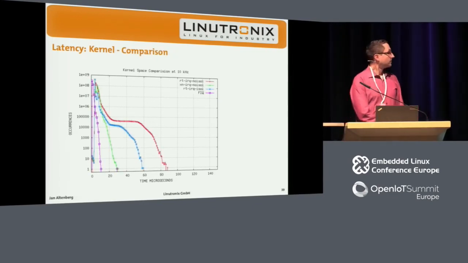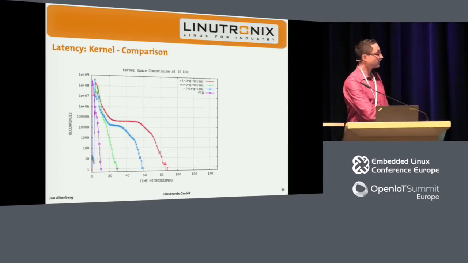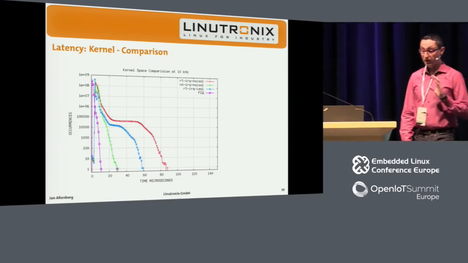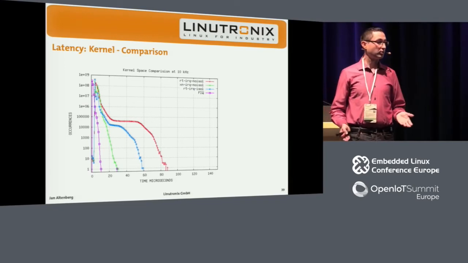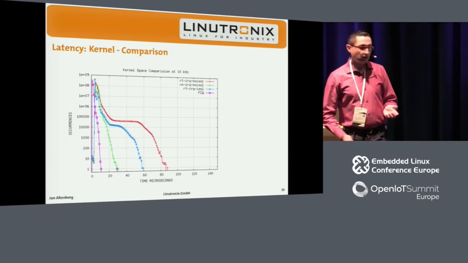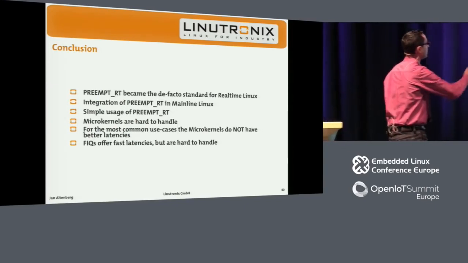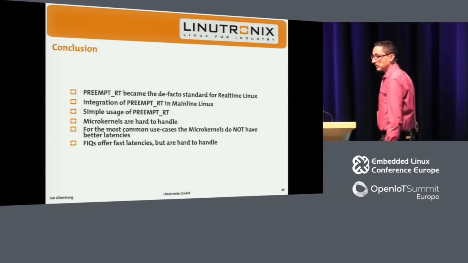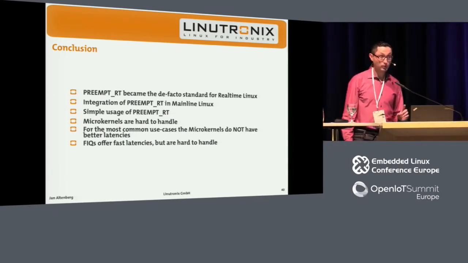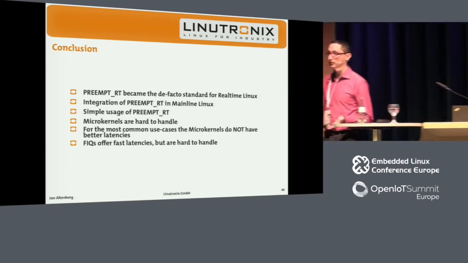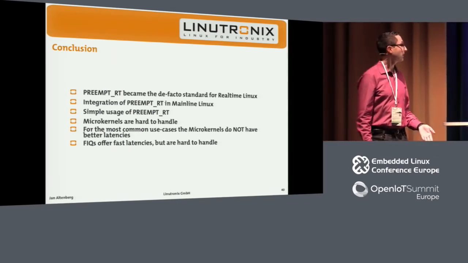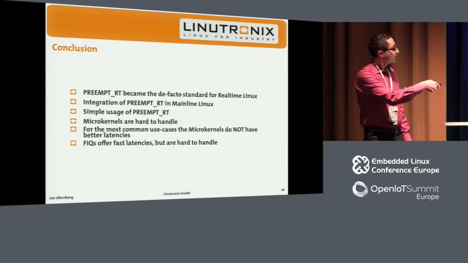So this is the final comparison of the kernel side. Taking into account that we compare a full-featured operating system with a microkernel, actually these numbers are not too bad. And we need to remember, and that's the conclusion, that with the preempt RT patch, we have a single kernel approach, which is nowadays the de facto standard for Linux, and it's getting integrated in the mainline Linux development. It's pretty simple to use.